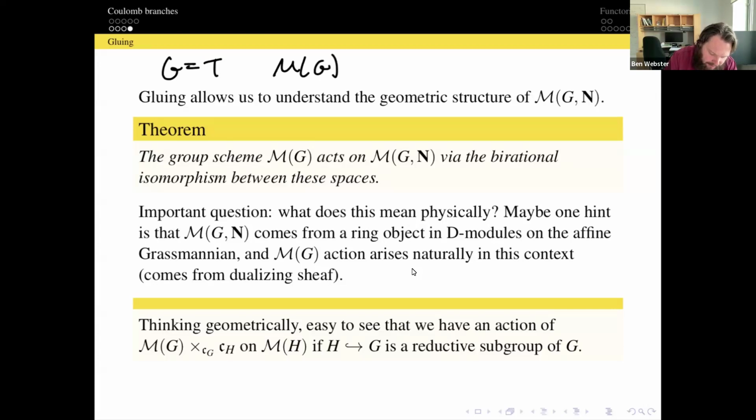Well, MGN is, right, T times T check. And so this action is just the fact that the Coulomb branch is a hypertoric variety with an action of T dual, right?